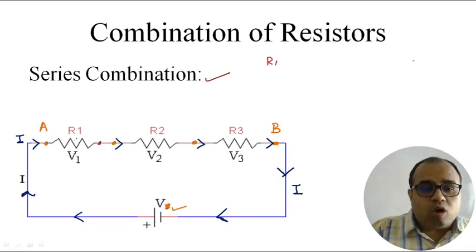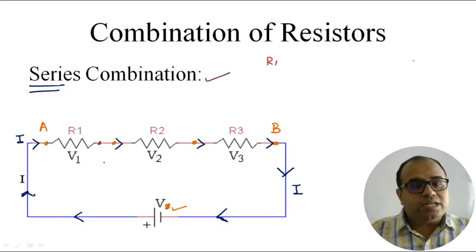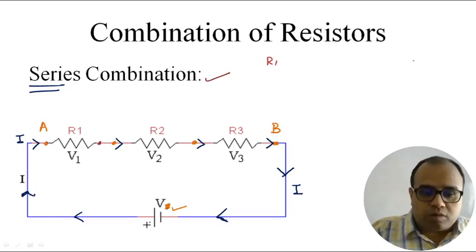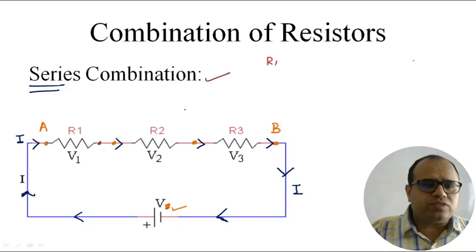What is happening is that the combination of R1, R2 and R3, and that too the series combination of R1, R2 and R3, is actually deciding how much current would come out of this cell. And that's what we are trying to find out in this particular circuit: what is the series combination, and what is the resultant of the series combination of these resistors.